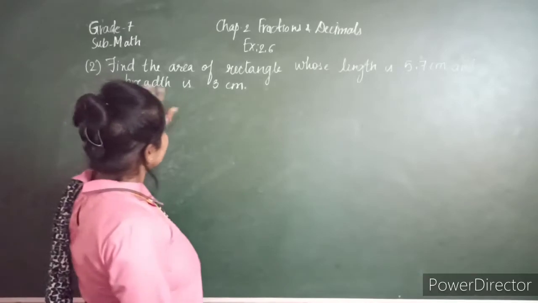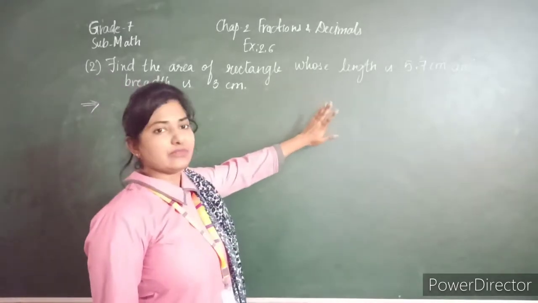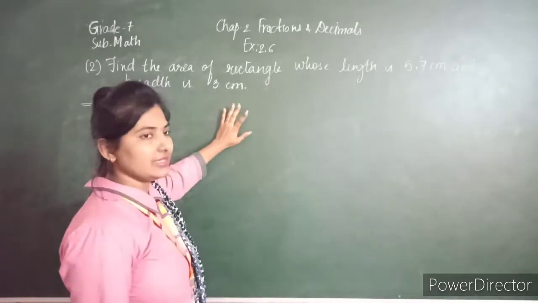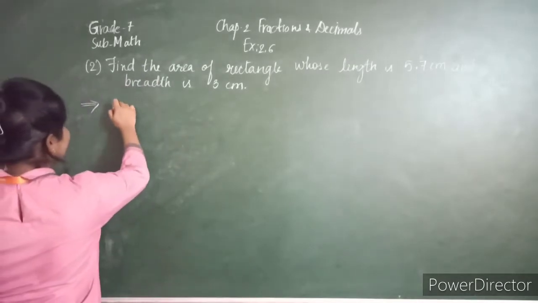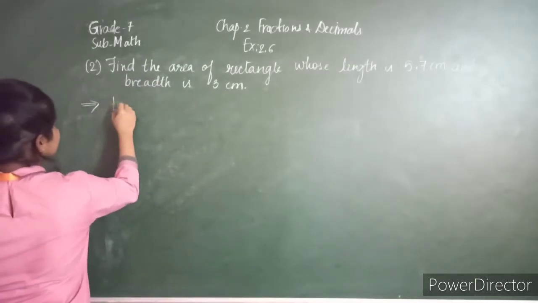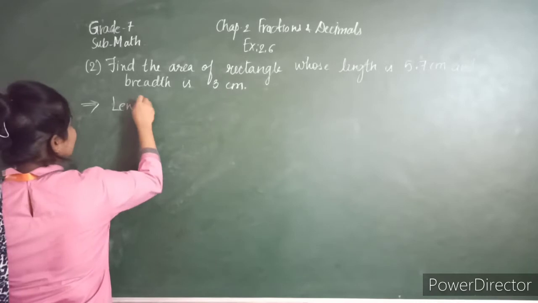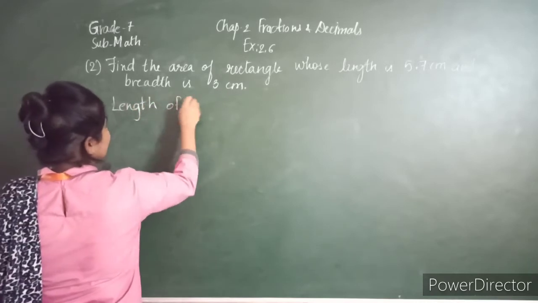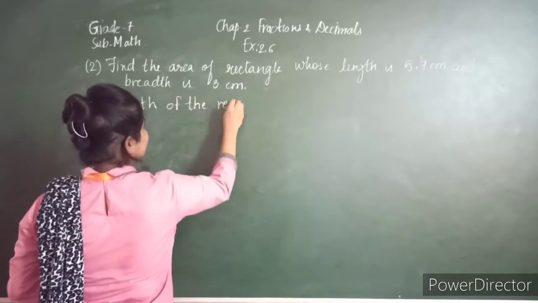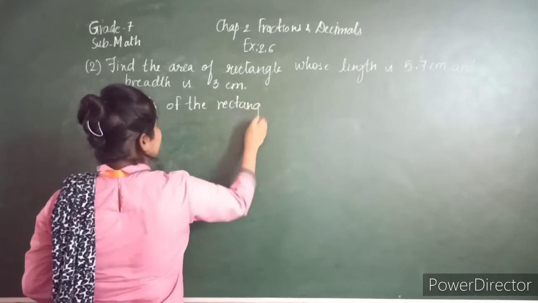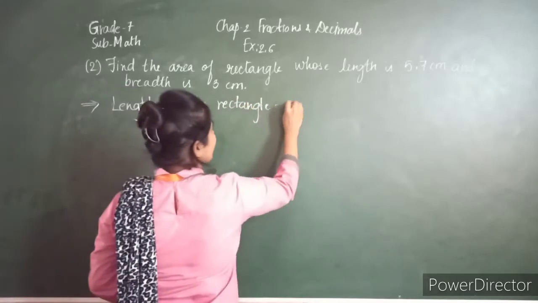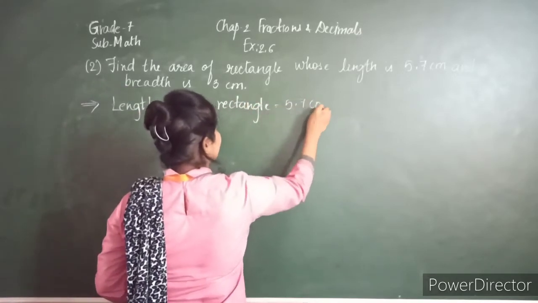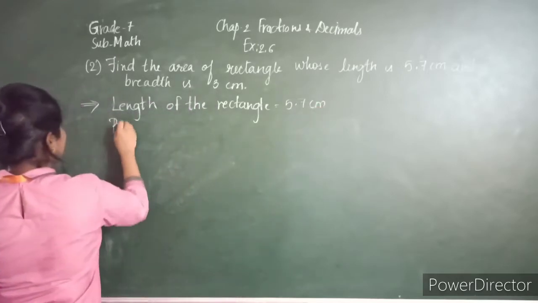Now question number 2. Find the area of a rectangle whose length is 5.7 cm and breadth is 3 cm. First of all we write the length of the rectangle, it is equal to 5.7 cm.